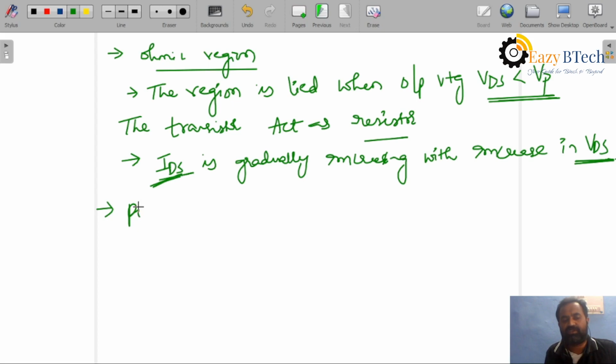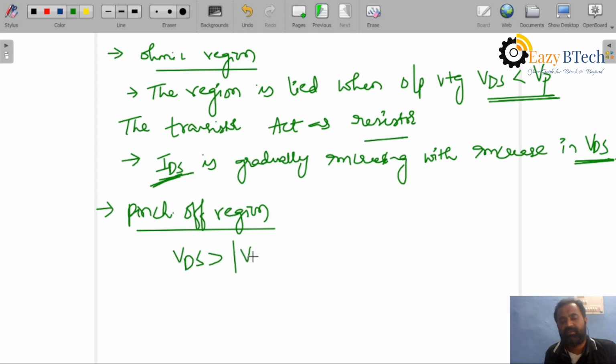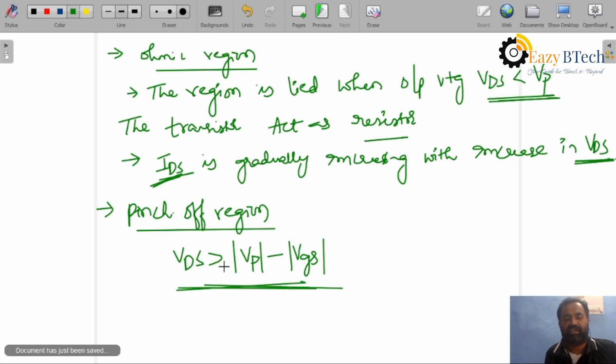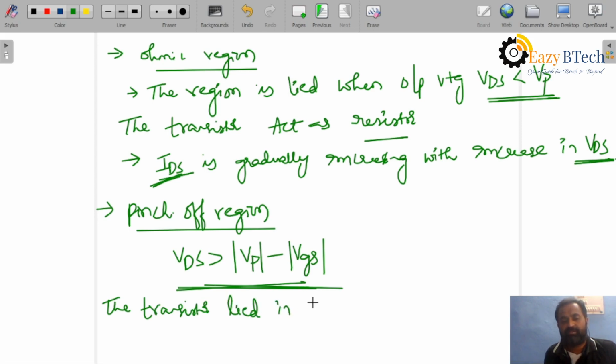Next, the pinch off region. When VDS is greater than VP minus VGS, the transistor lies in the pinch off region.